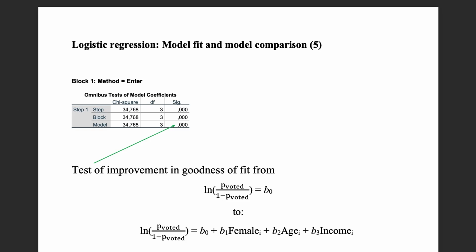And again, in this case, we see a pretty low p-value, meaning that we would be quite confident to reject that null hypothesis in favor of the alternative hypothesis that differences in gender, age, and income at least lead to some improvement in predicting the log odds of voting in the population. So there is a significant increase in the goodness of fit by including these three independent variables.